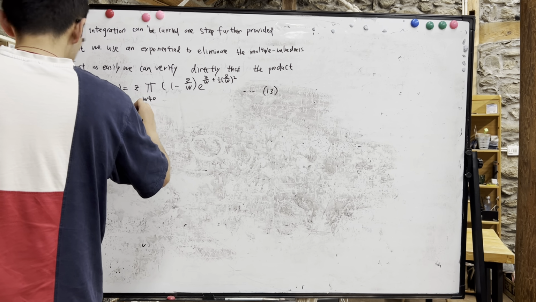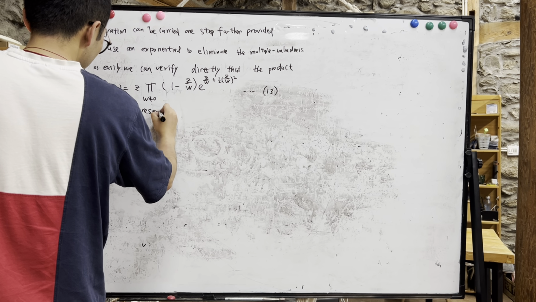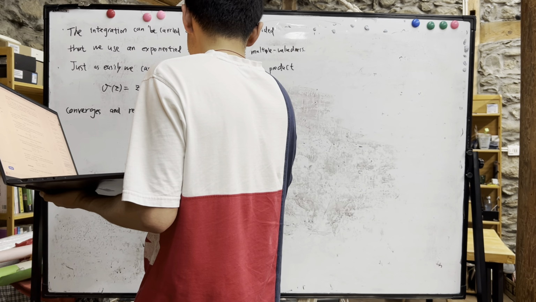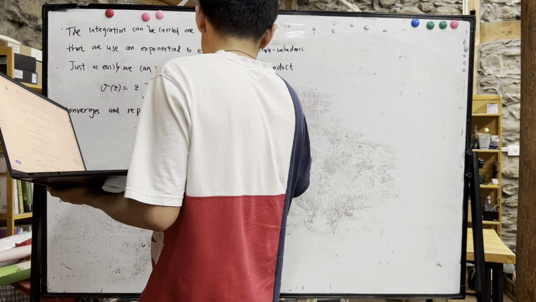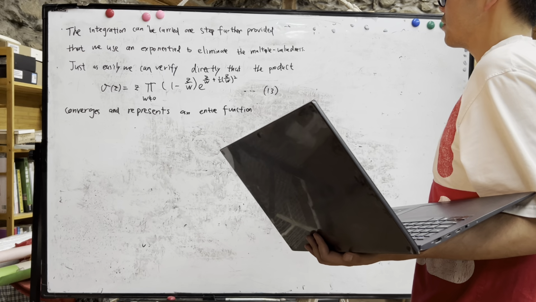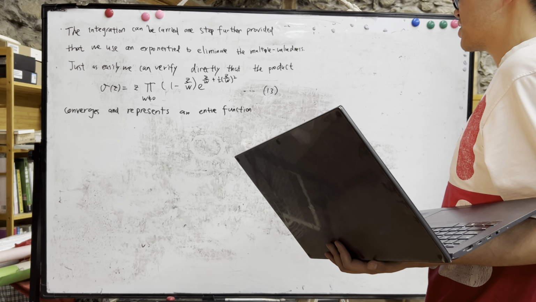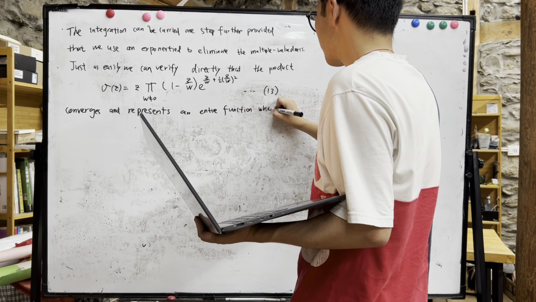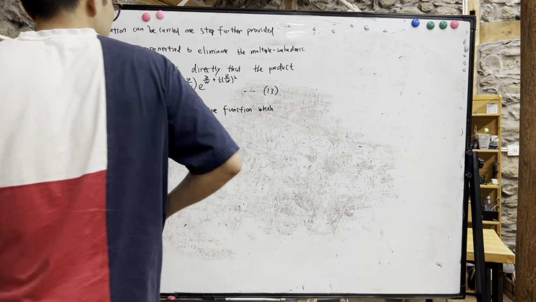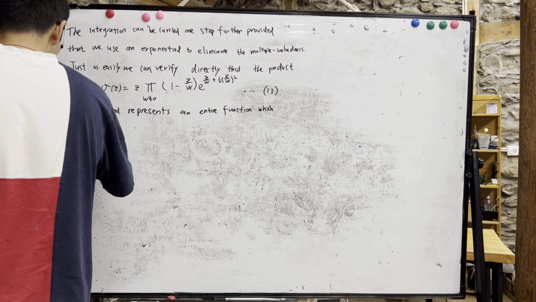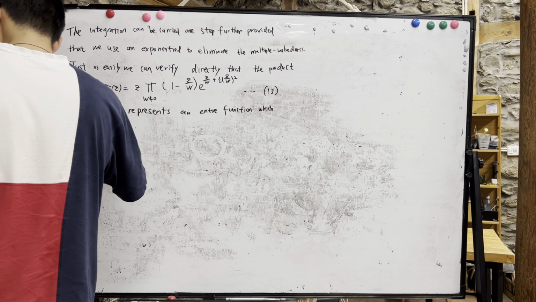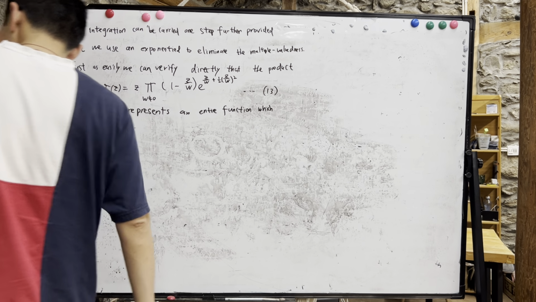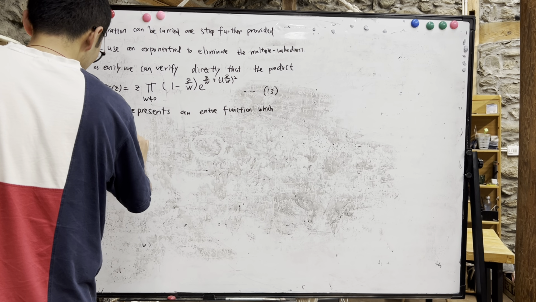And represents an entire function. We can verify directly that the product converges and represents an entire function which satisfies, okay, sigma prime z over sigma z is equal to zeta z.